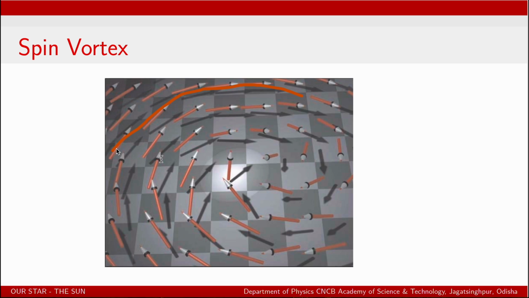Now if you go inside a little, the circumference of this circle becomes smaller, and again the spin has a shorter distance in which it has to align with itself. As it keeps going down, the distance becomes shorter and shorter till when it reaches the center, the spin has no scope to change and align with itself, and that is where there is a singularity and the spin can point up.